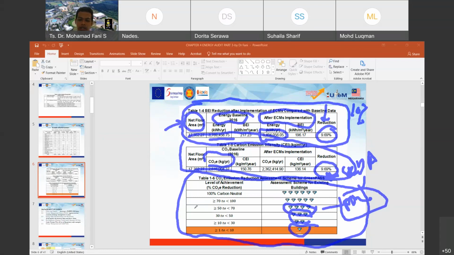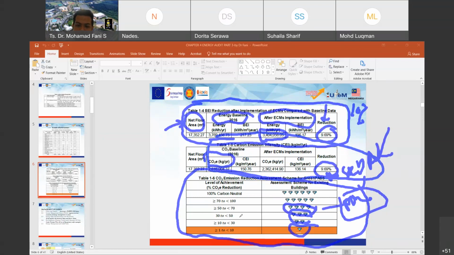So we got a 4 diamond certificate from SEDA, Sustainable Energy Development Authority in Putrajaya. For 6 diamond, maybe this building can be considered as a zero energy building or net zero carbon building, so that it can get the 6 diamond certification.